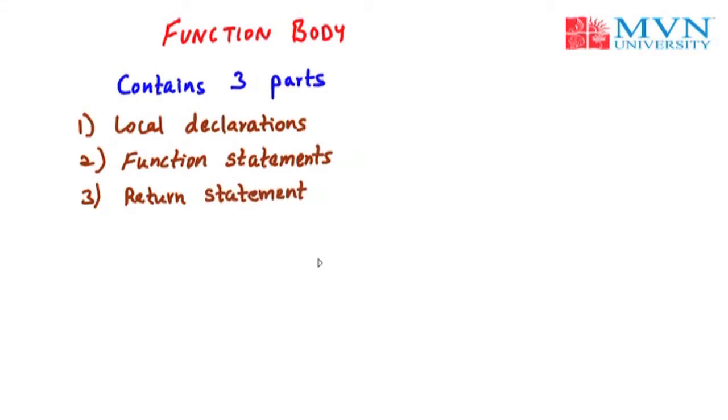Now let's take an example of a function whose return type is float, name is MUL for the multiplication, and the parameter list is float x, float y.